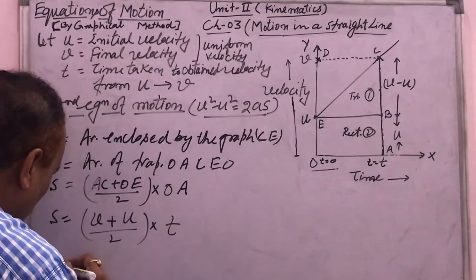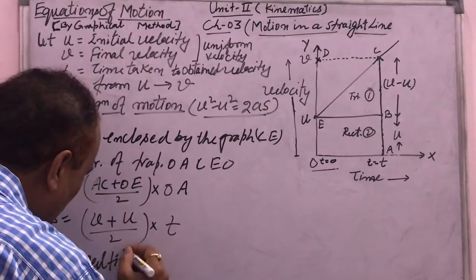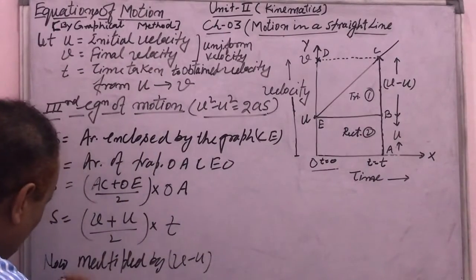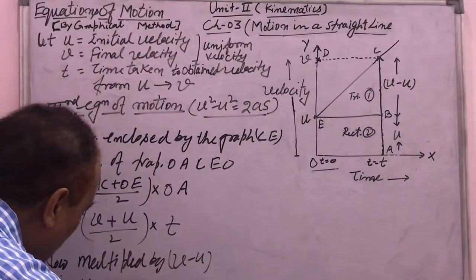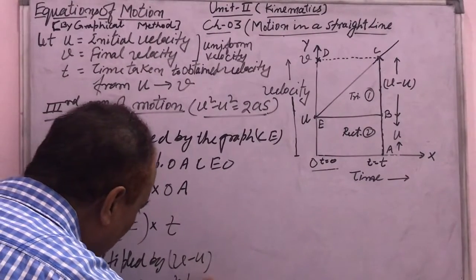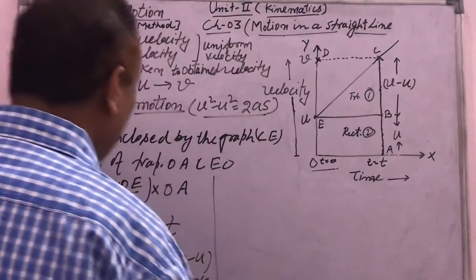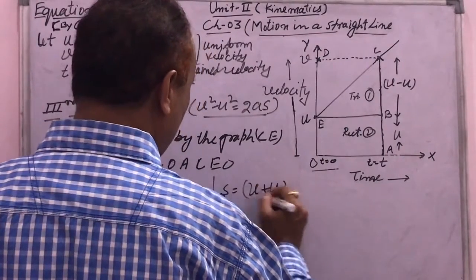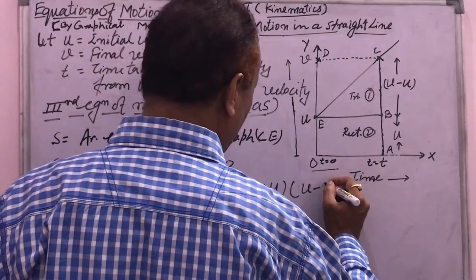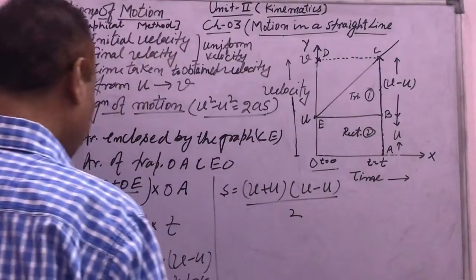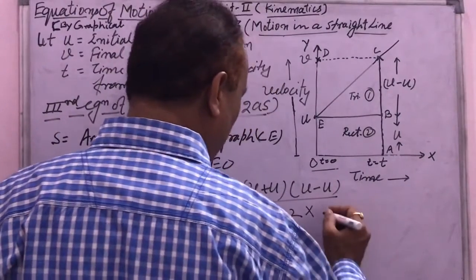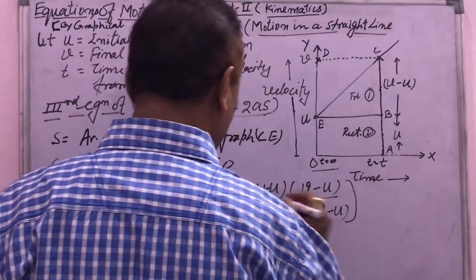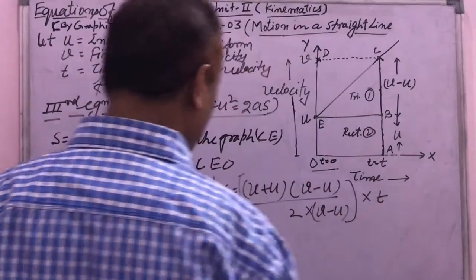When we multiply in the numerator and denominator, the distance will be s equal to v plus u, and the next component v minus u, divided by 2, and then multiplied in the denominator by v minus u, and then multiplied by the time factor.